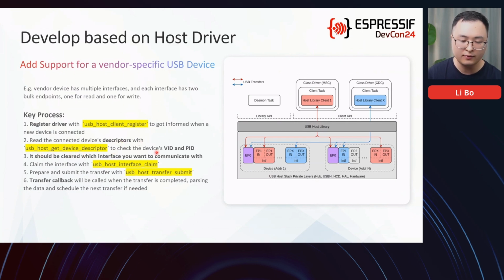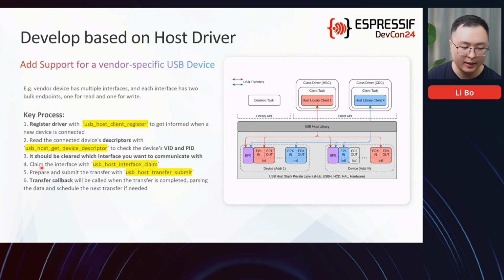You can check the device's VID, PID, and other information to make sure it's the device you want to operate. And for the vendor-specified USB devices, you should be clear which interface you want to communicate with. You can double-check the information with the vendor.